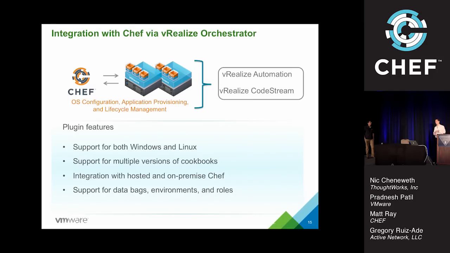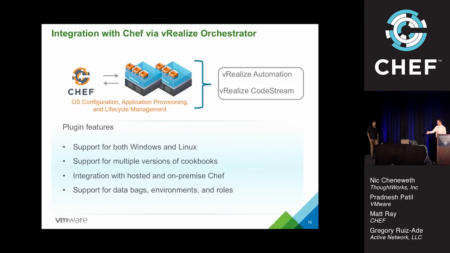Of course, this will work with hosted or on-premise Chef, open source Chef. It's the same thing. And we will support Linux, RHEL, Ubuntu, and Windows. This is the very native workflow for a vRO user. For a VMware user, they're used to putting together these workflows, and that's what Dan's going to be demonstrating.